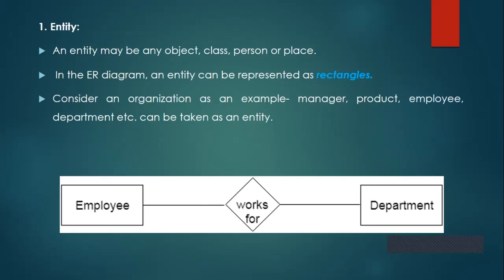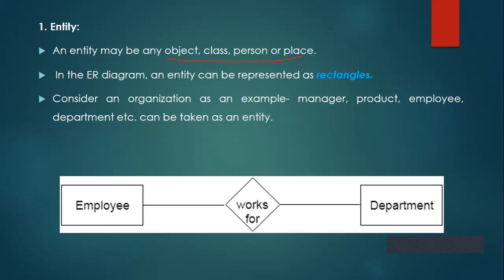First we'll see what an entity is. An entity is basically any object, any class, any person, any name. Let me take an example of an organization where an employee works for a particular department. Can you listen to the sentence I'm saying? Once again, I'll repeat it.